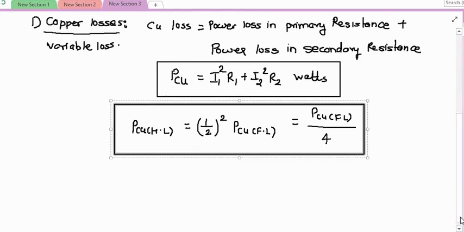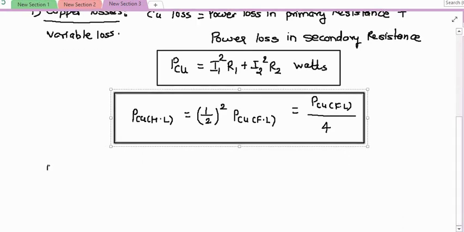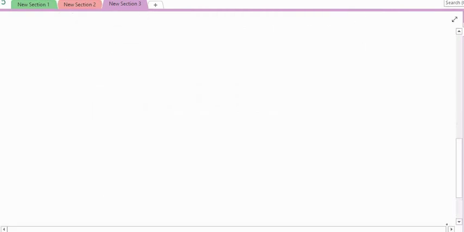Now the second type of loss is nothing but the iron loss, which is denoted by Pi. Iron loss Pi is the power loss taking place in the iron core of the transformer. That's why it is called iron loss.